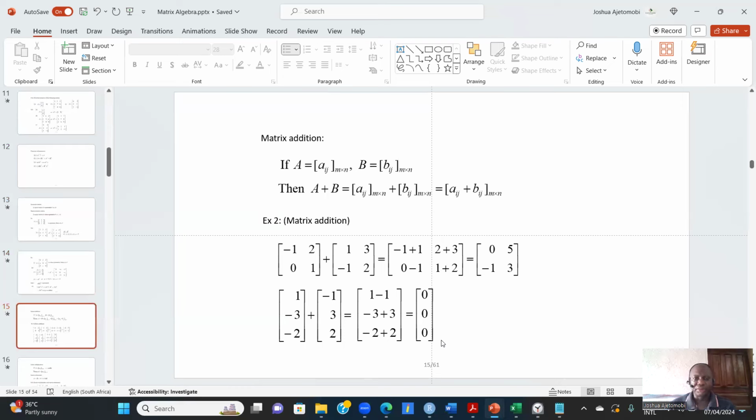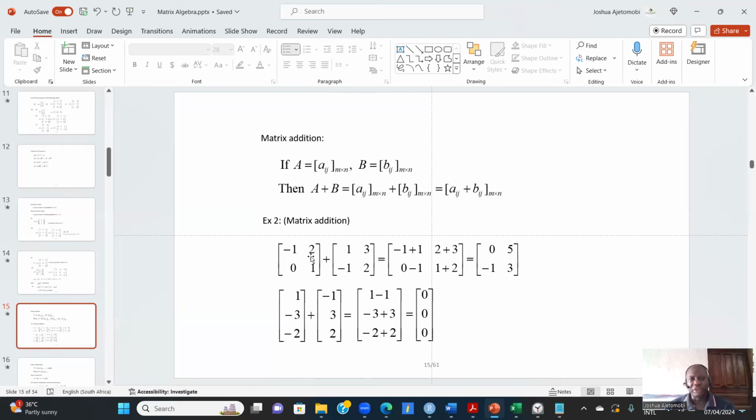Matrix addition. For matrix addition, it is important that the two matrices have the same dimension. It's a condition that should be met. For instance, here we have 2 by 2, and the other one also should be 2 by 2. And you add the corresponding elements.